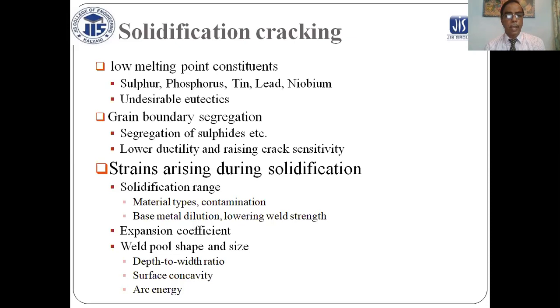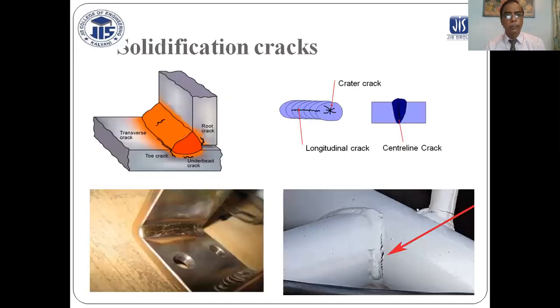Factors include material types, contamination, base metal dilution lowering weld strength, expansion coefficient, weld cooled shape and size, depth to width ratio, surface concavity, and arc energy. This is a solidification crack.